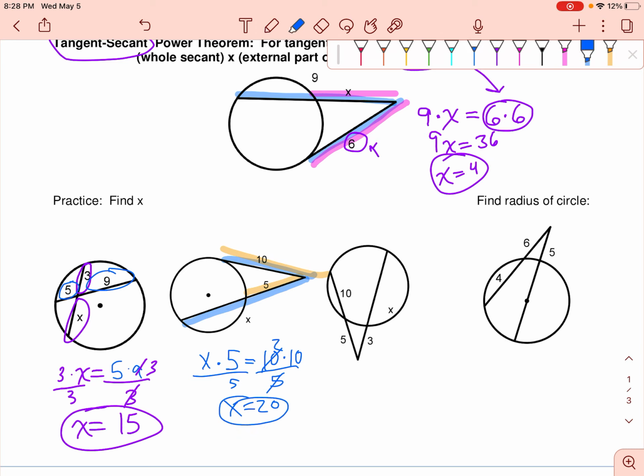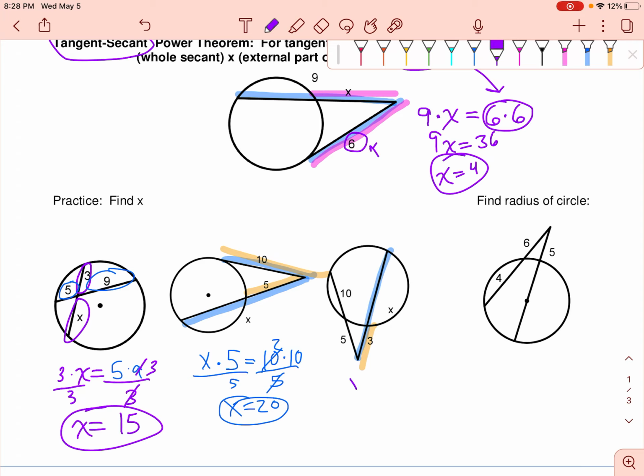Same thing. Whole thing times the part sticking out. Okay. In this case, I believe the X is representing the whole thing. The 10, however, is just representing that little piece. So you guys are going to see what I do here.